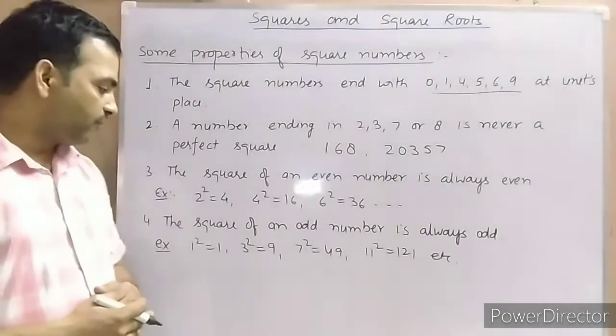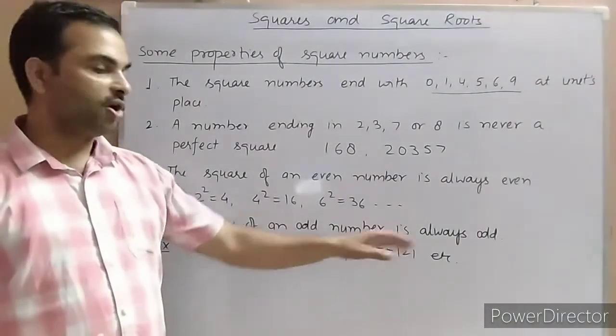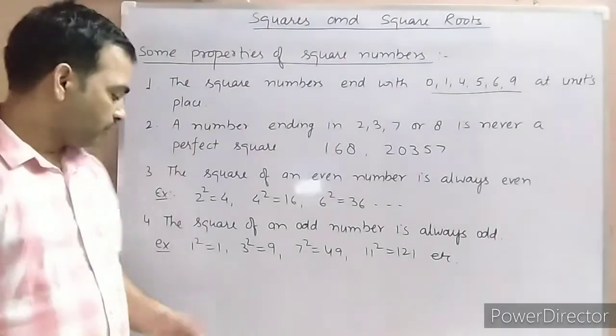Now property number 4 is the square of an odd number is always odd.